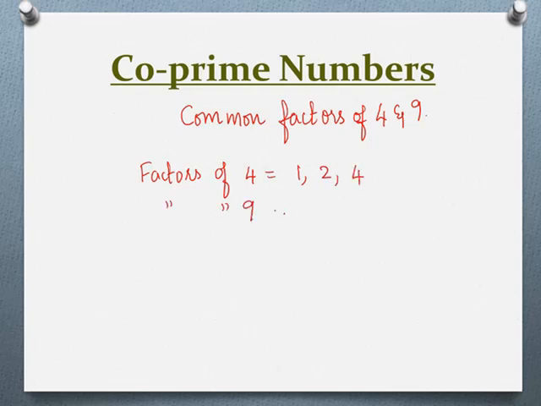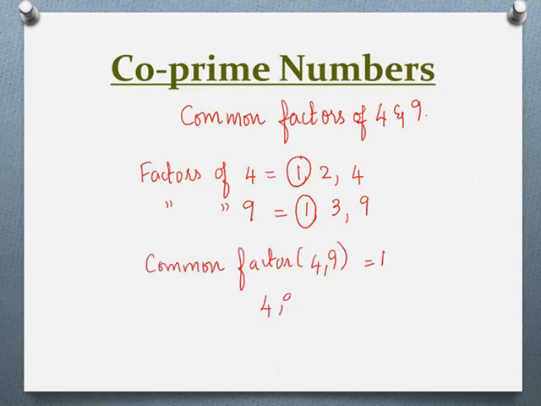Also the factors of 9 are 1, 3 and 9. So here we can see that only 1 is a common factor for 4 and 9. So such numbers whose common factor is only 1 are called coprime numbers. Therefore 4 and 9 are known as coprime numbers.